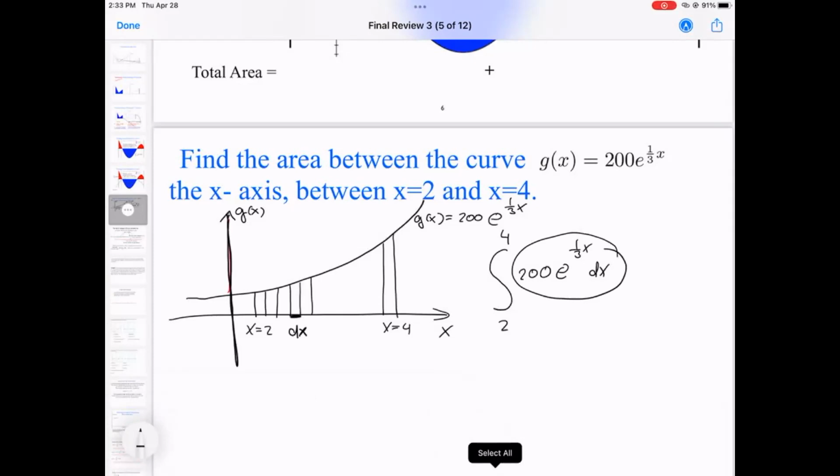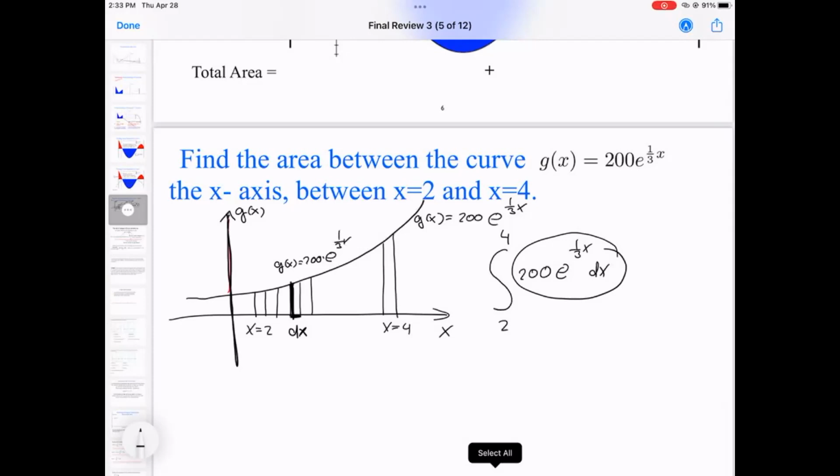So let's see, this is dx, an infinitesimal subdivision, and that's where x is, where x has a tiny change. And the value of this function here is g of x, which equals 200 times e to the 1/3 x.